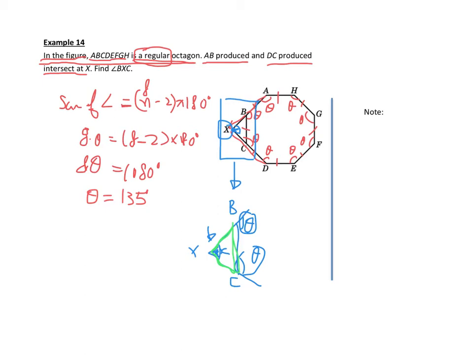So we should know that the angle CBX and the angle BCX are both equal to 180 degrees minus theta. That is by the property of angles on a straight line.